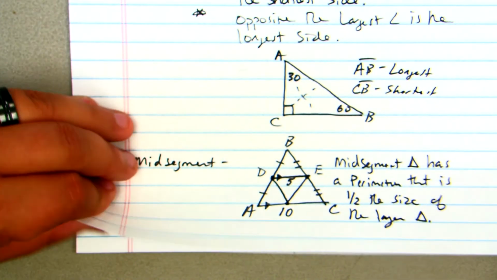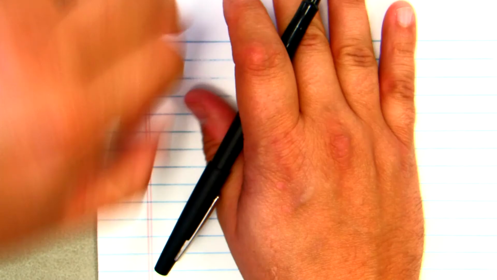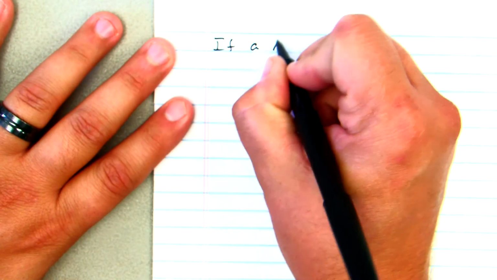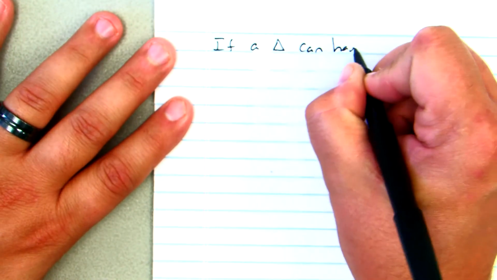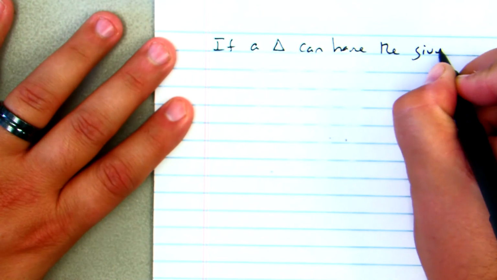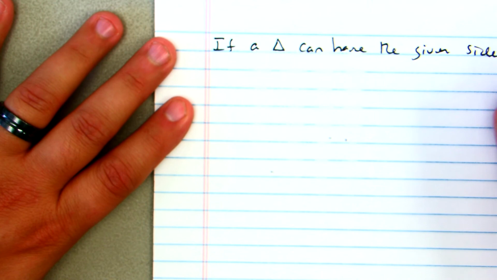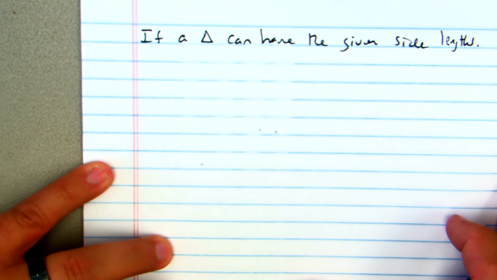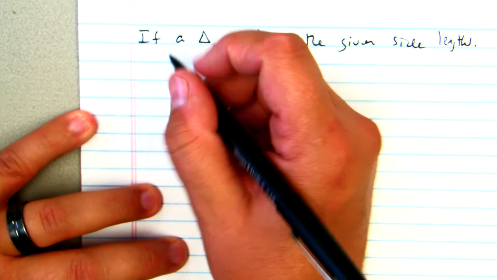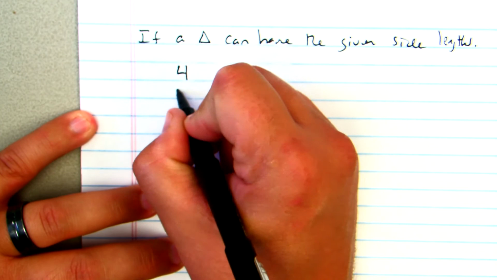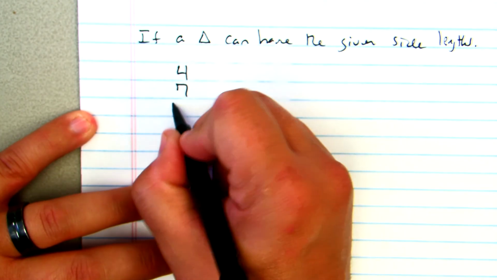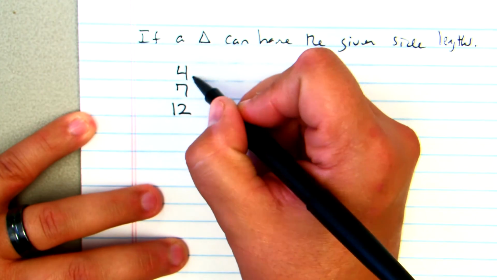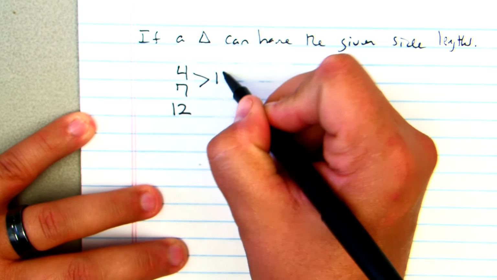Last thing from this chapter that you need to know is when we're talking about a triangle, there's a way to check to see if a triangle can have the given side lengths. So if I told you that the lengths of the sides of a triangle were just say 4, 7, and 12, you would take the two smallest sides, which would be 4 and 7, and add those together. 4 plus 7 is 11.